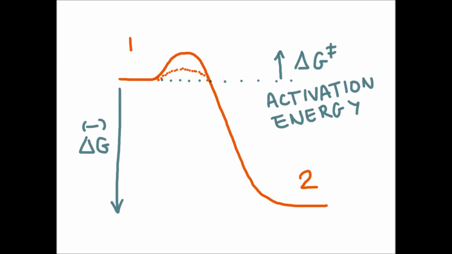It will happen faster because you reduced the activation energy, that barrier. Things that do that have a name. They are called catalysts. Every enzyme is a catalyst. It allows something to happen.